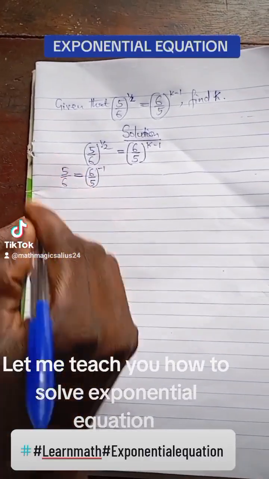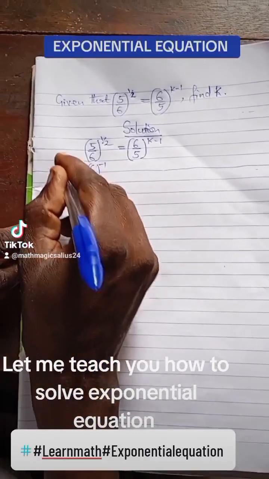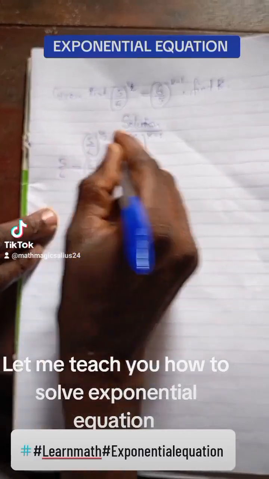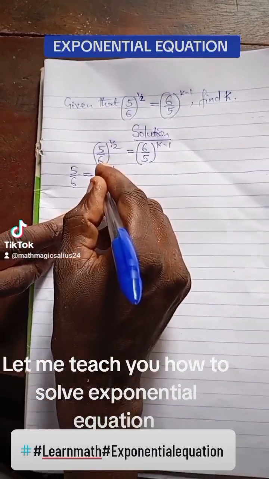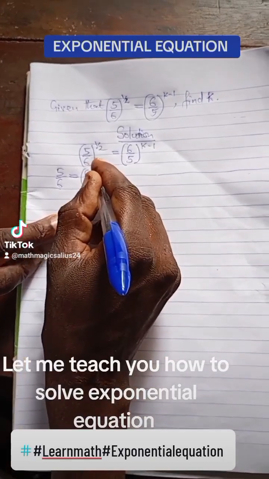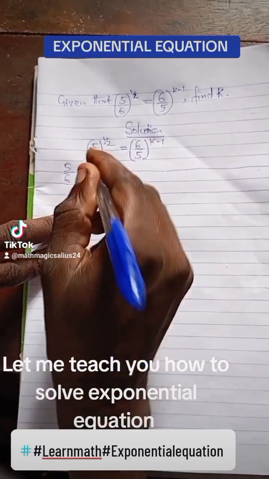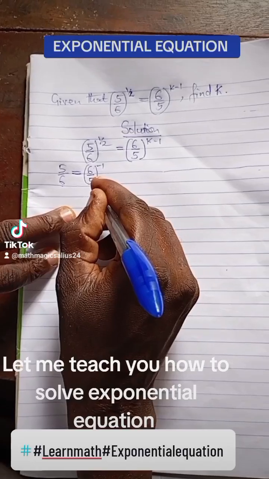If you simplify (6/5)^(-1), it will give you 5/6. Therefore, wherever you see 5/6 in this original equation, you are going to replace it with (6/5) raised to the power of minus 1.